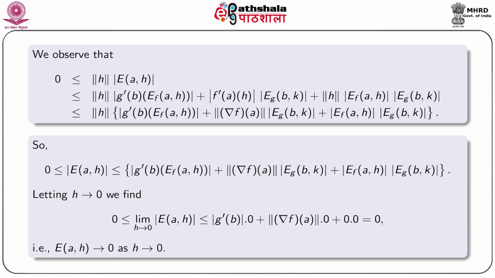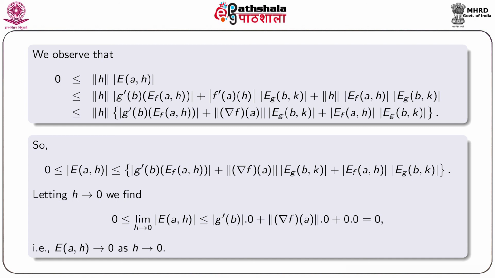Applying triangle rule, we can find that it is less or equal to norm H modulus g dash B E f A H plus mod f dash A H mod E g B K plus norm H mod E f A H mod E g B K.